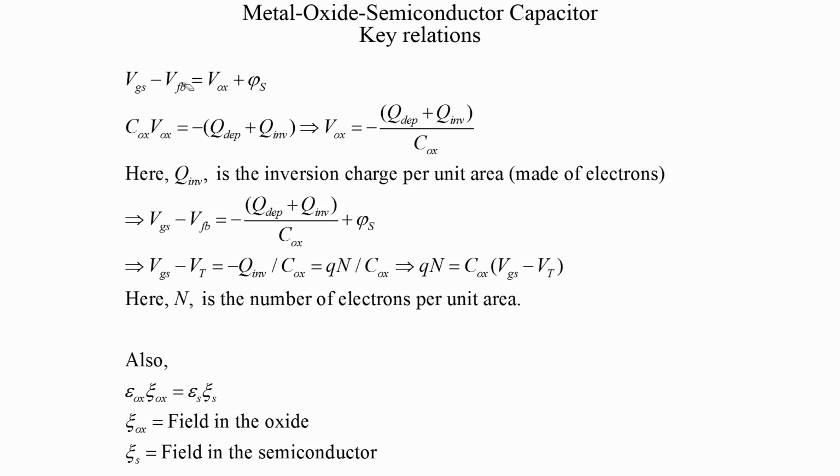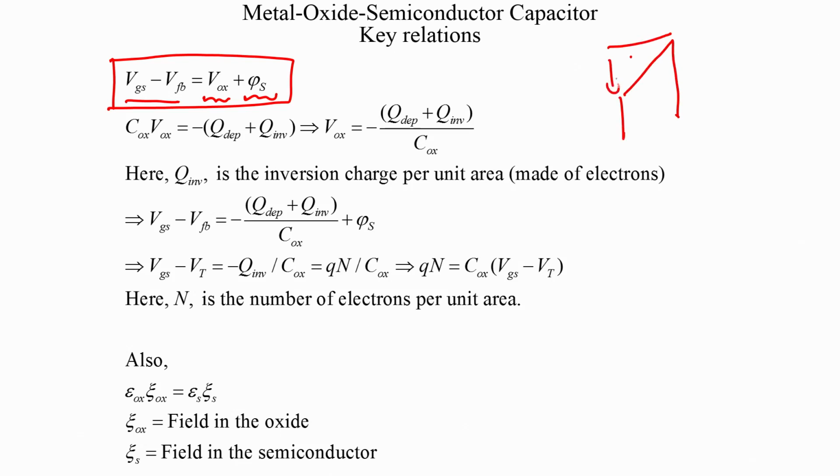So, the first key relation is that VG minus VFB, that voltage has to be split between the oxide and the semiconductor, and in the semiconductor it will appear as the surface potential. Let us say that is the drop across the oxide, the remainder of it will be seen as the surface potential in the semiconductor. So, Vox plus phi s is equal to VG minus VFB.